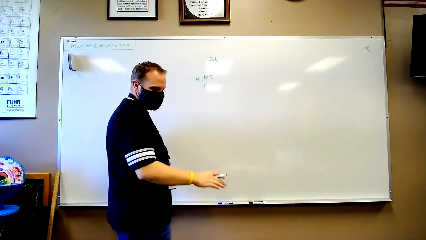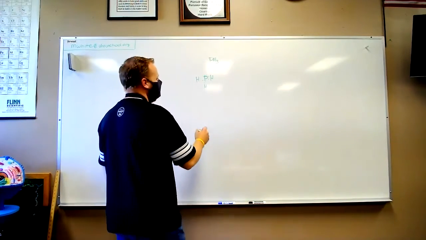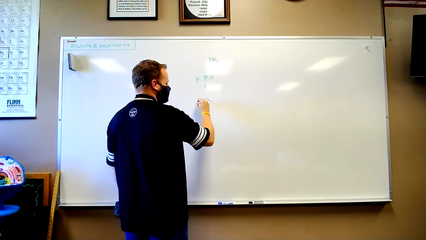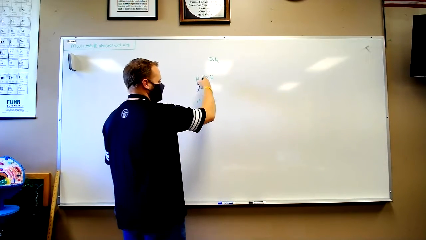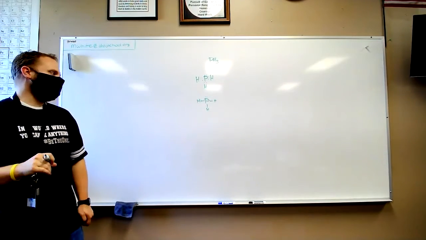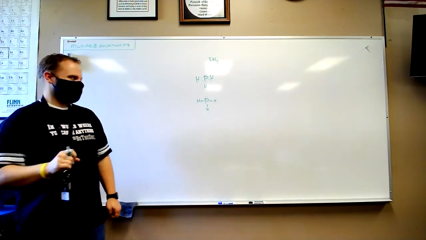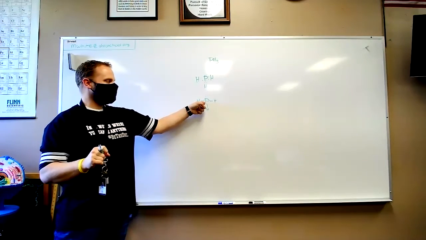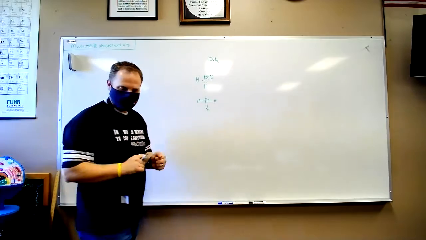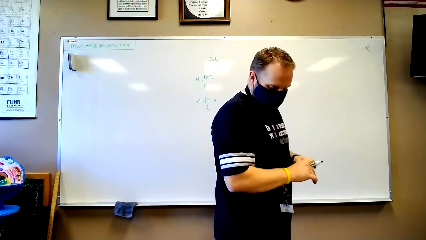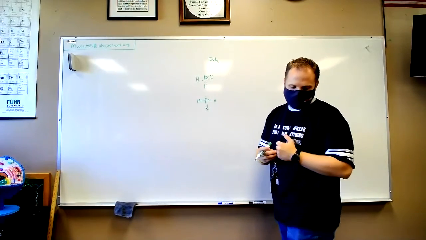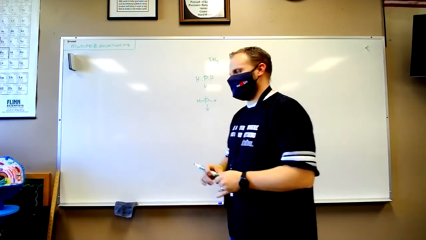Now sometimes, and this is the case in the book, they will represent these bonds as lines. Just understand that those are the same thing. Okay? Same thing. I don't care which one you use, as long as you understand that this line, this bond, means that there are 2 electrons being shared.